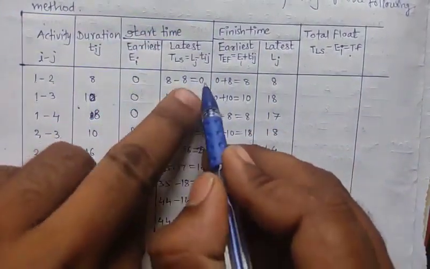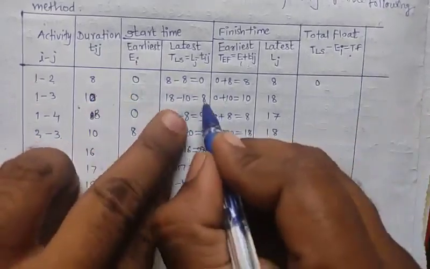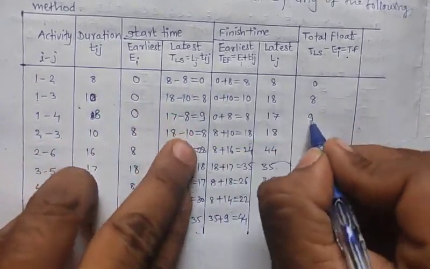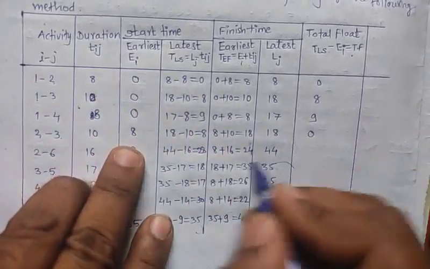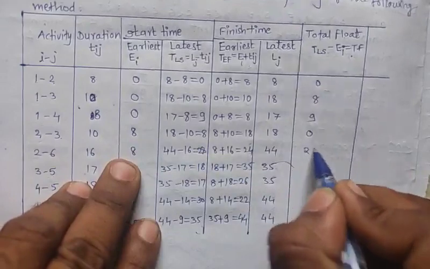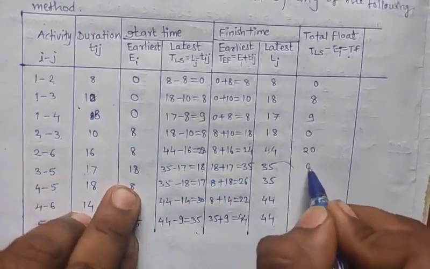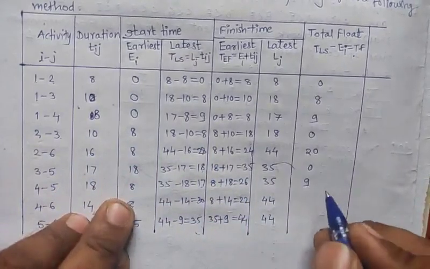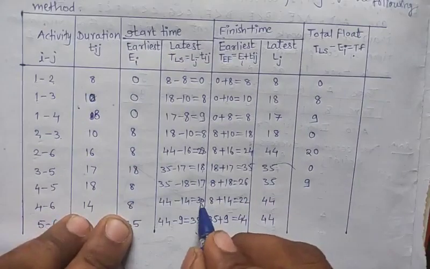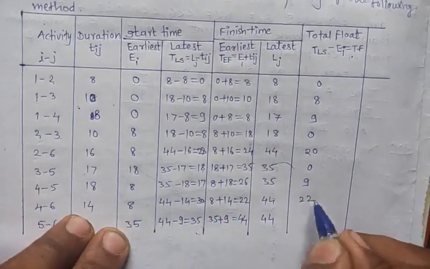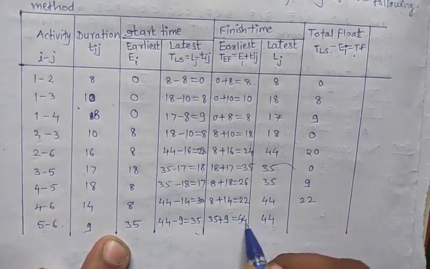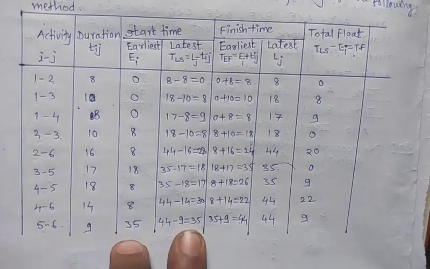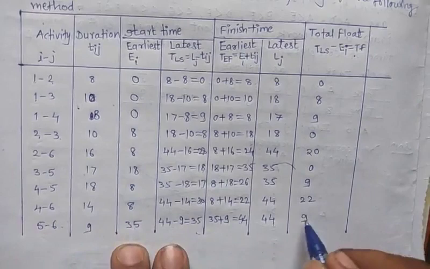So subtracting: 0 minus 0 is 0. 8 minus 0 is 8. 9 minus 0 is 9. 8 minus 8 is 0. 28 minus 8 is 20. 18 minus 18 is 0. 17 minus 8 is 9. 30 minus 8 is 22. And last 44 minus 35 is 9. Okay, sorry, here last 35 minus 35 is 0.